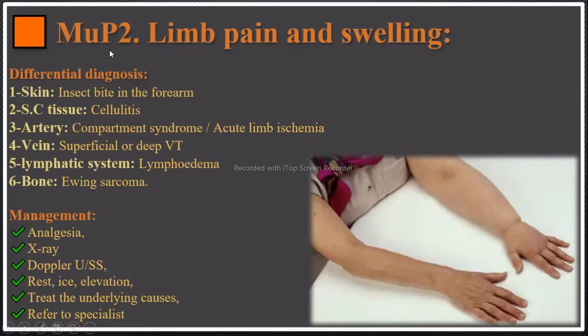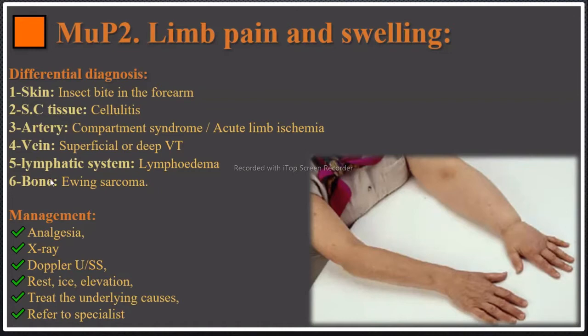Musculoskeletal presentation number 2, limb pain and swelling. If they mention in the scenario the patient has limb pain and swelling, think about the problem from outside to inside. So the skin, after that, below the skin, subcutaneous tissue, and below that, inside, artery, maybe vein, maybe lymphatic, maybe bone.